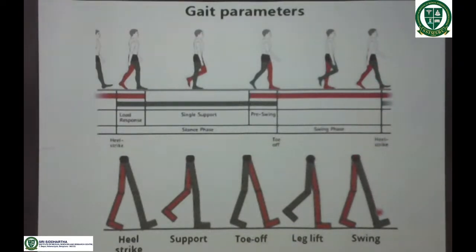That is the swing phase. This is the first one we are explaining, the heel strike. So once we lift the legs, we have to swing them forward and get ready for the next heel strike.